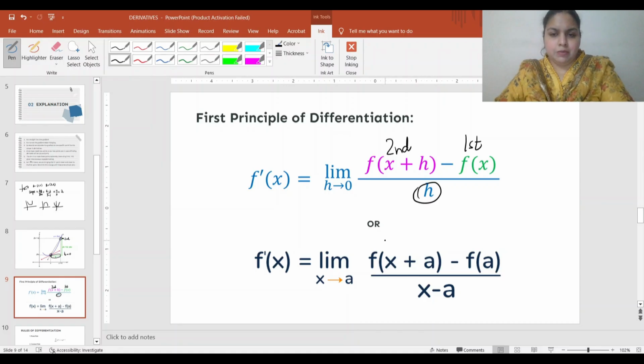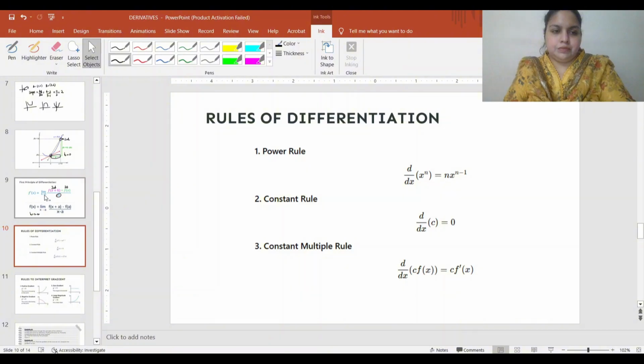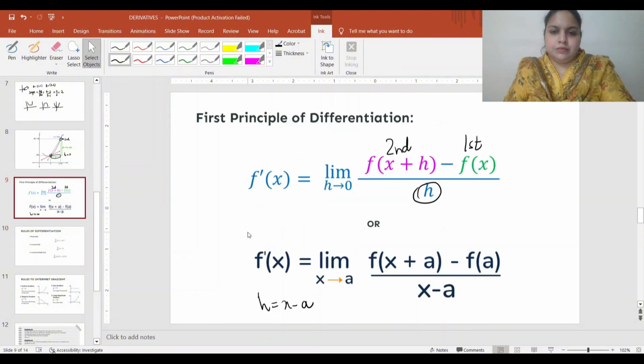There's one more way of writing this first principle, which is f(x) minus f(a) upon x minus a. Here, h is equal to x minus a, and here as well, x tends to a is taken.